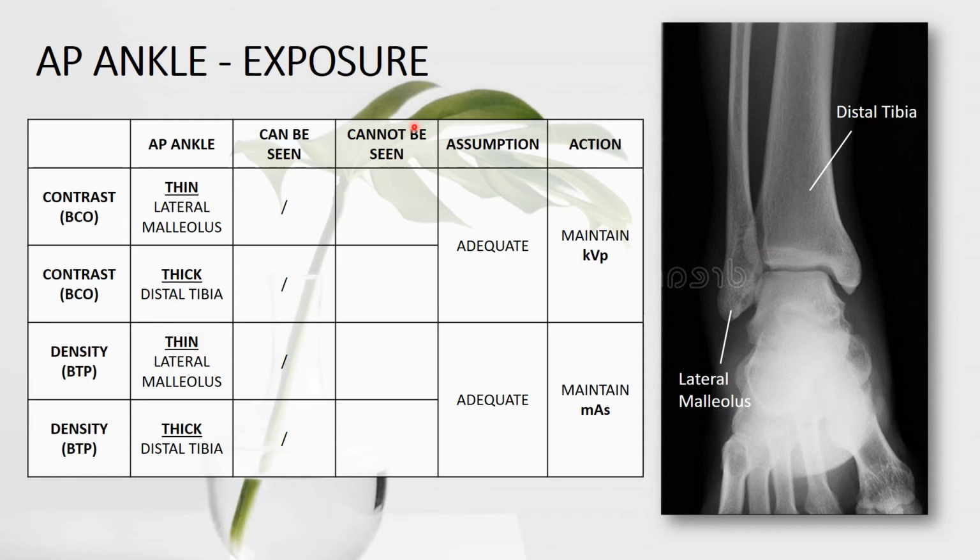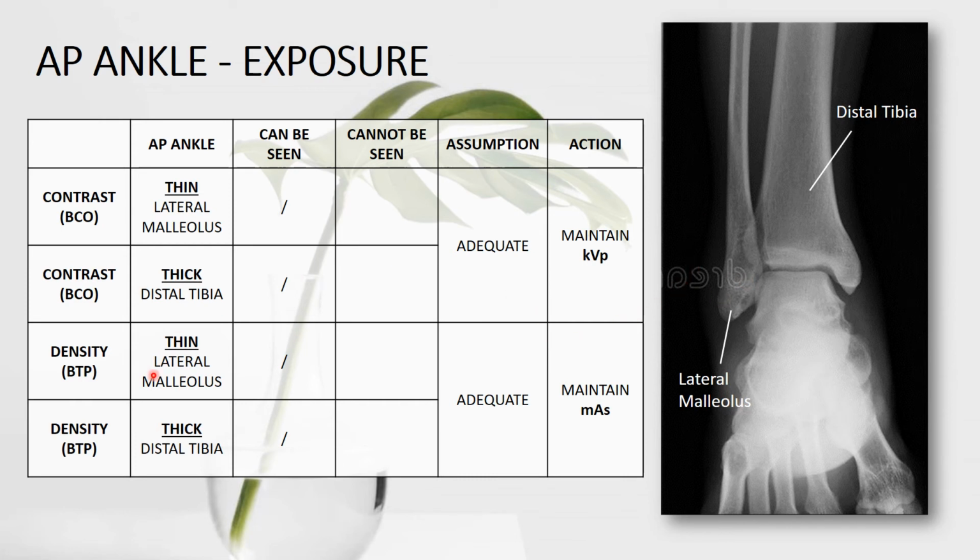Okay, for the exposure factor, the cortical outline of the thin structure, which is the lateral malleolus, can be seen, and the cortical outline of the thick structure, which is the distal tibia, also can be seen. So the assumption is the kVp used is adequate.